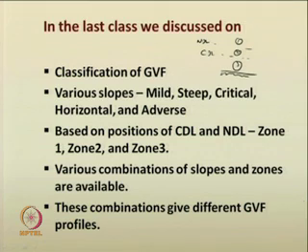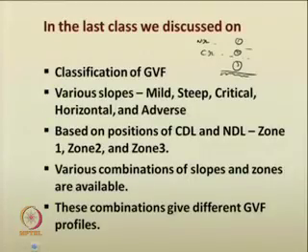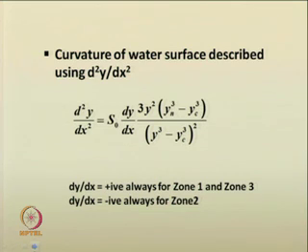Then the various combinations of the slopes, that is mild, steep, critical, horizontal and adverse, as well as the zones, zone 1, zone 2 and zone 3, you can have different types of gradually varied flow, that also we have discussed. We also discussed the curvature of the water surface. Based on the curvature, one can determine whether the slope of the water surface is positive or negative.